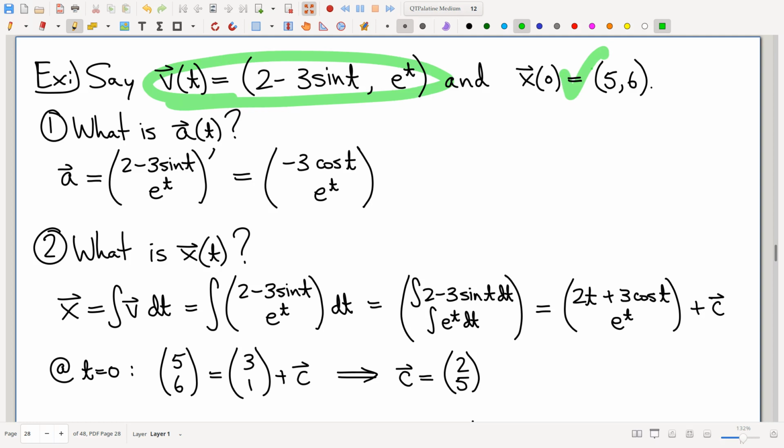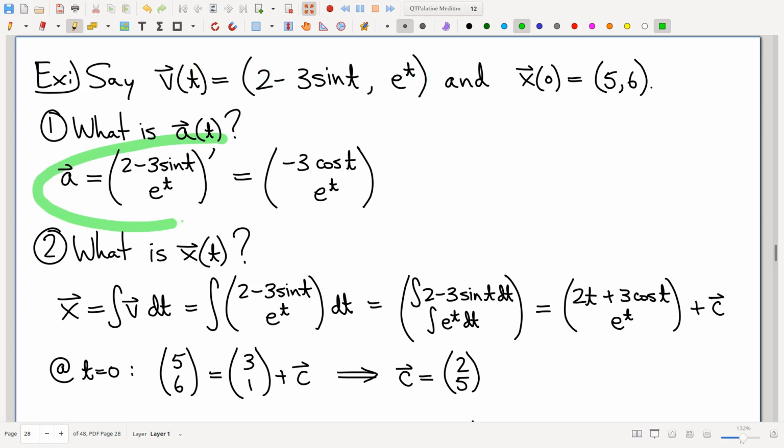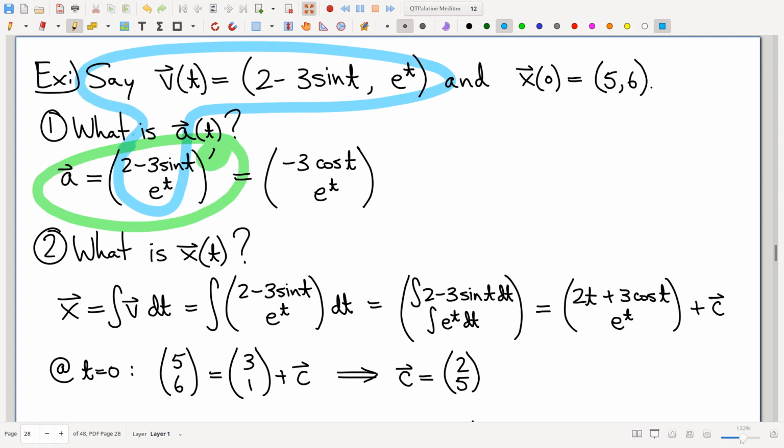And the questions asked are, what's the acceleration? What's the position? As functions of time. Okay, well, we're just going to use what's on the previous page. On the previous page, we've established that acceleration is the derivative of the velocity. That's right. So there you go.